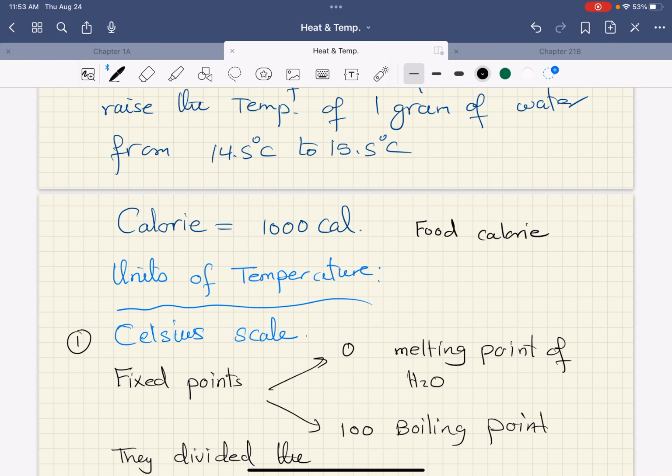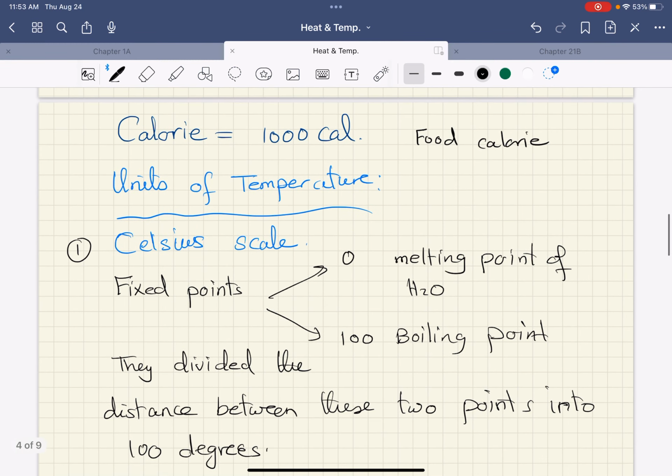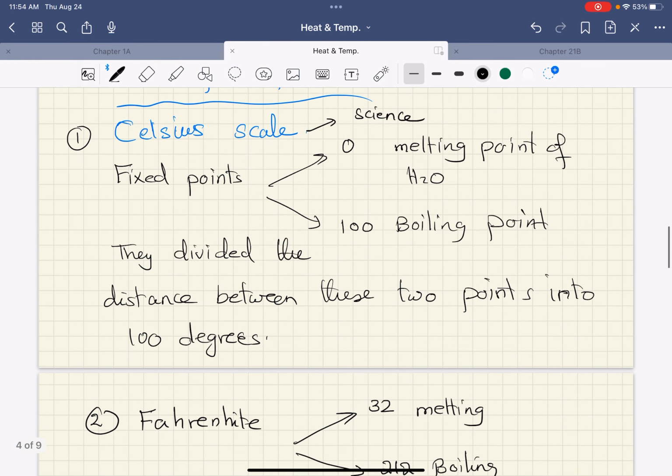Now, for units of temperature, it depends on many factors. For example, in science, we are going to talk about the Celsius scale. The Celsius scale considers two fixed points: one of them is the melting point of water, and 100 is the boiling point. They divided the distance between these two points into 100 degrees, and each is called 1 degree Celsius.